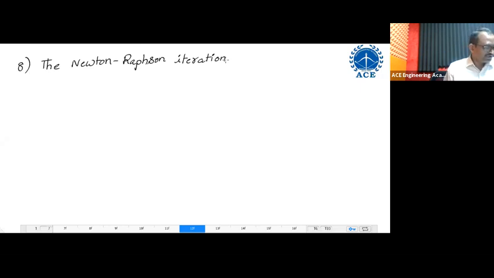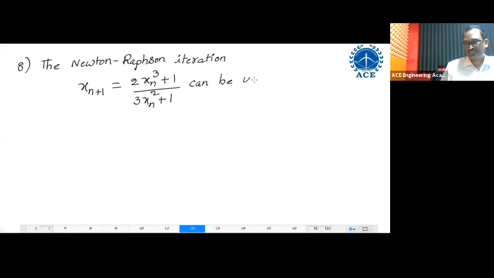The Newton-Raphson iteration x_{n+1} = (2x_n^3 + 1) / (3x_n^2 + 1) can be used to solve the equation.